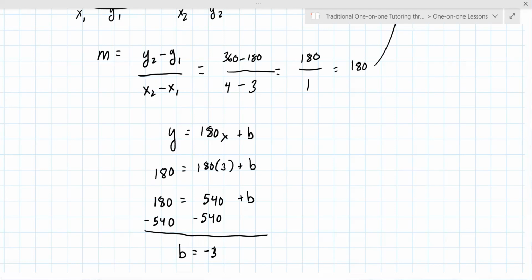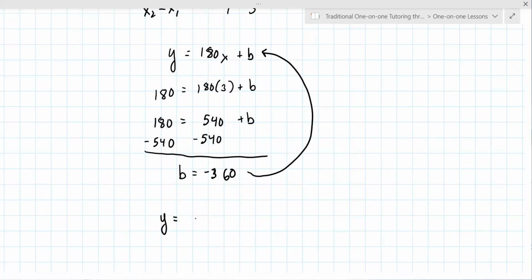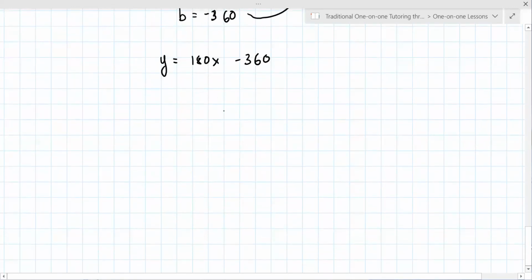Negative 360. So we're going to put that back into this equation. So we have y equals 180x minus 360. So now we're going to make a little table. We're going to let x be 3, 4, 5, and 6.